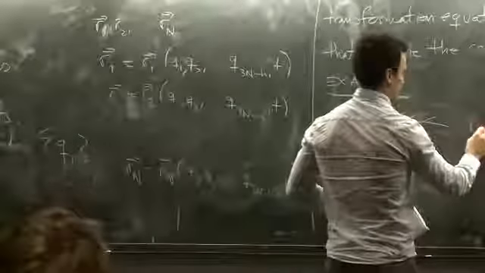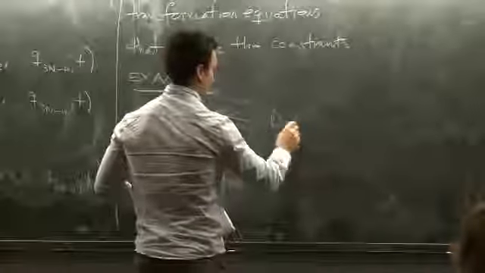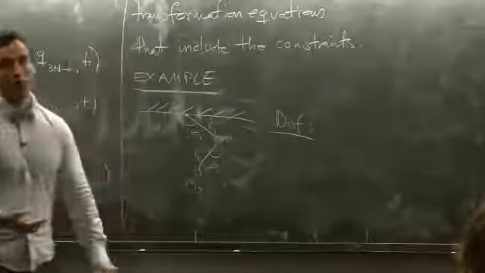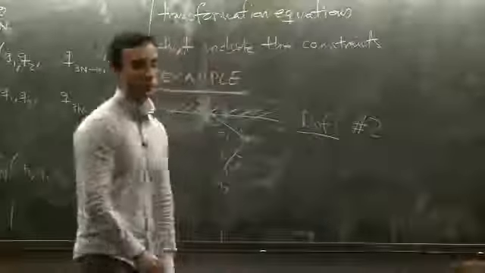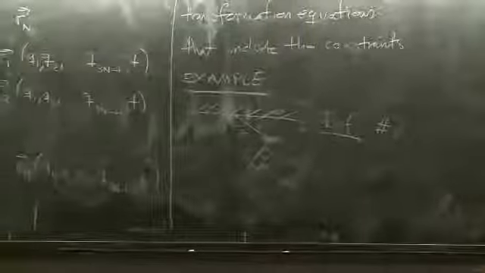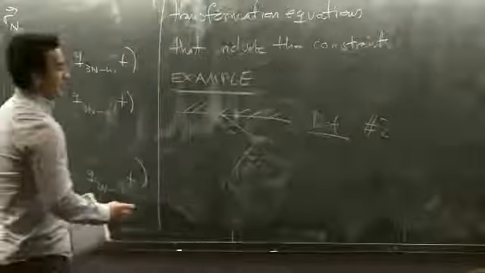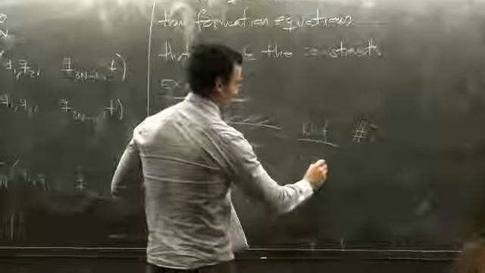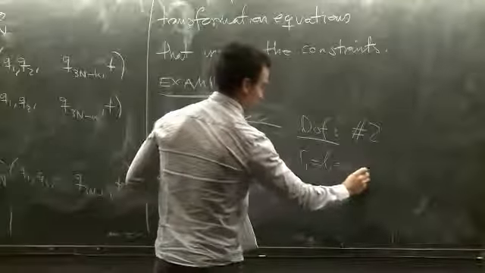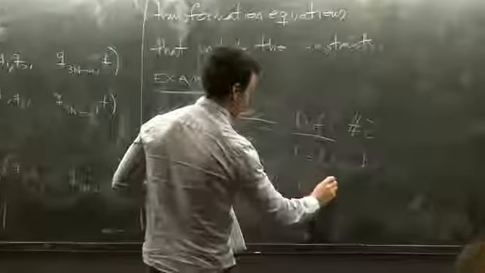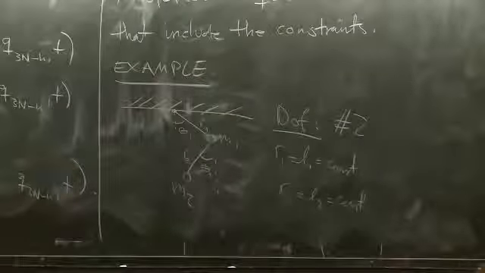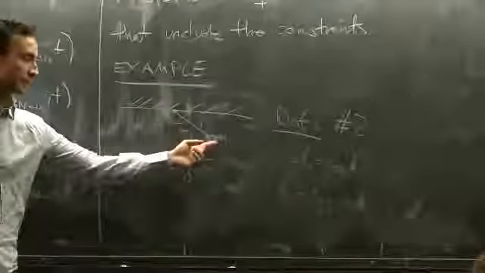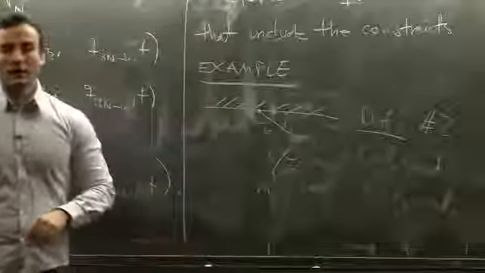So the DOF, degrees of freedom, is that we have 2. So we're doing this by saying that the distance between these points and these 2 points are fixed.